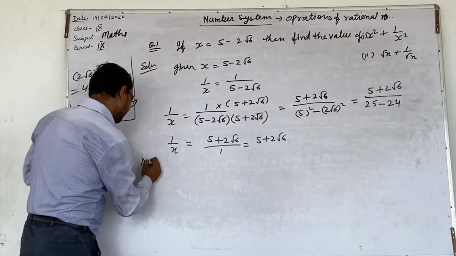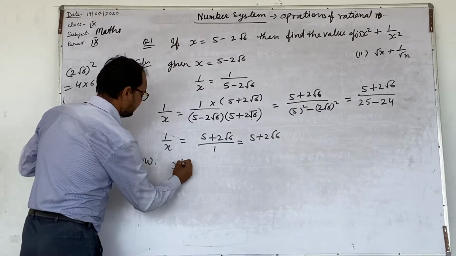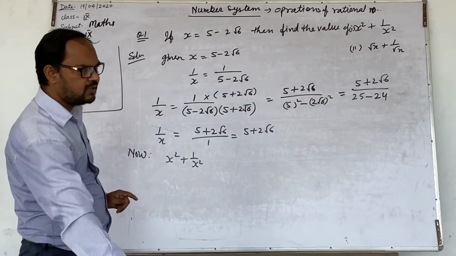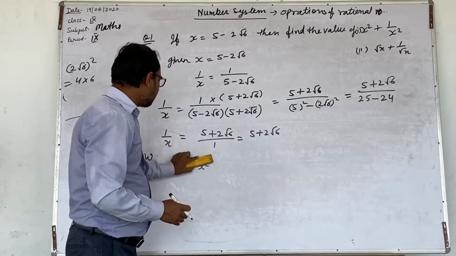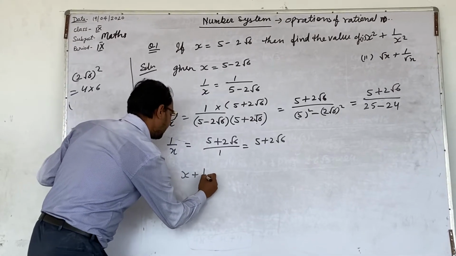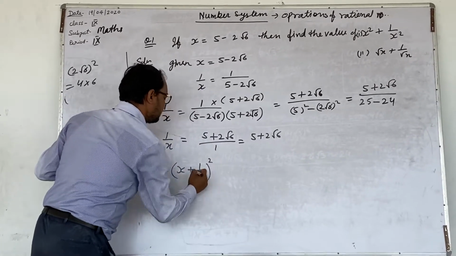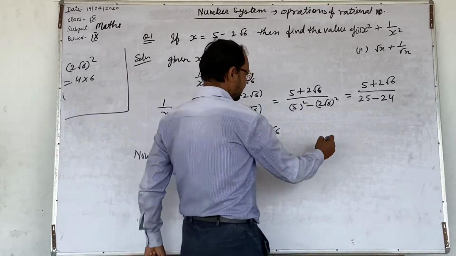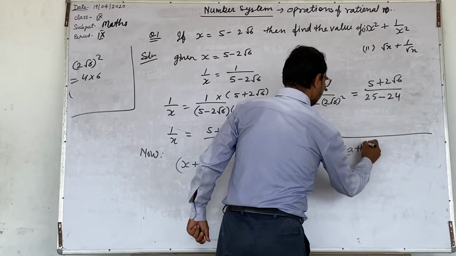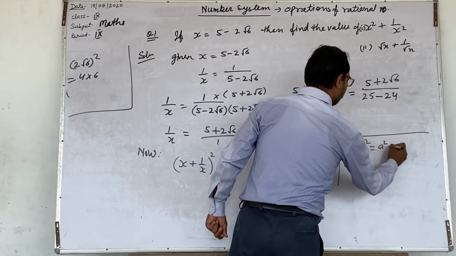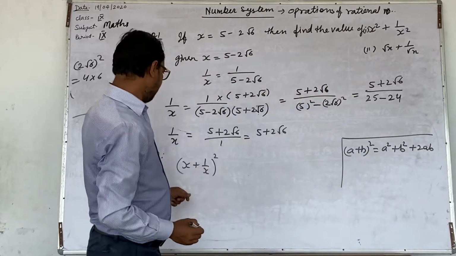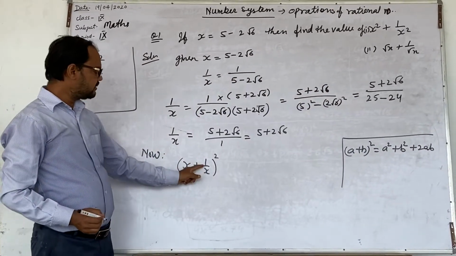Now x square plus 1 upon x square. We have to find the value of x square plus 1 upon x square. Just take this x plus 1 upon x whole square. This can be written, according to this identity, a plus b whole square is equal to a square plus b square plus 2ab. In this way, a is x, b is 1 upon x.